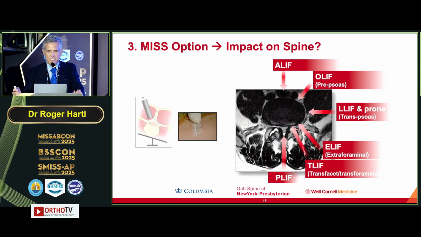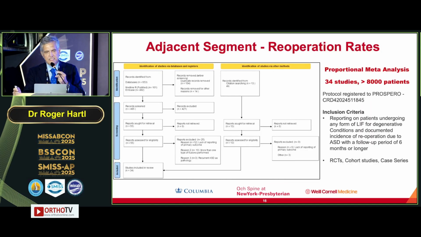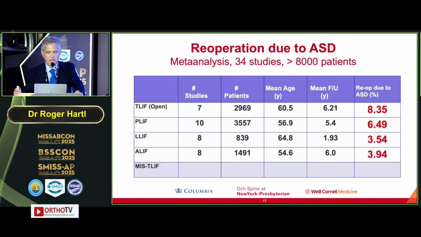And then finally, what's the impact of your operation? As we mentioned, there are many different ways of treating this with surgery, open surgery, MIS. In terms of MIS-TLIF, what's the impact of MIS-TLIF really down the line? That's another study that we're working on currently. It's a meta-analysis where we are looking at 34 studies, looking at various types of fusions and the incidence of adjacent segment disease that requires surgery, more than 8,000 patients.